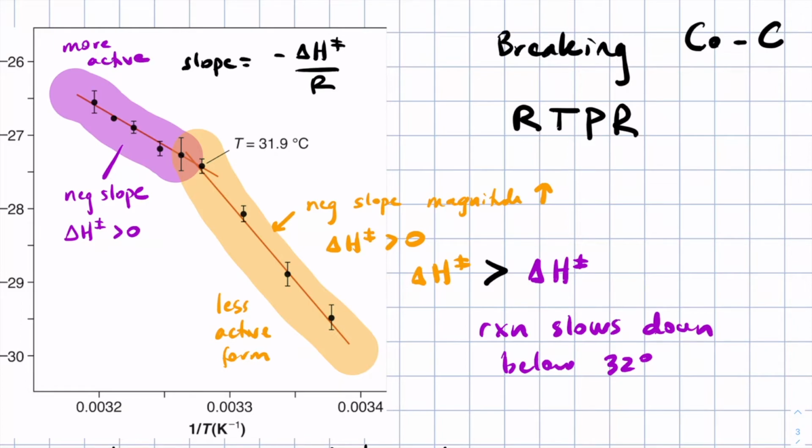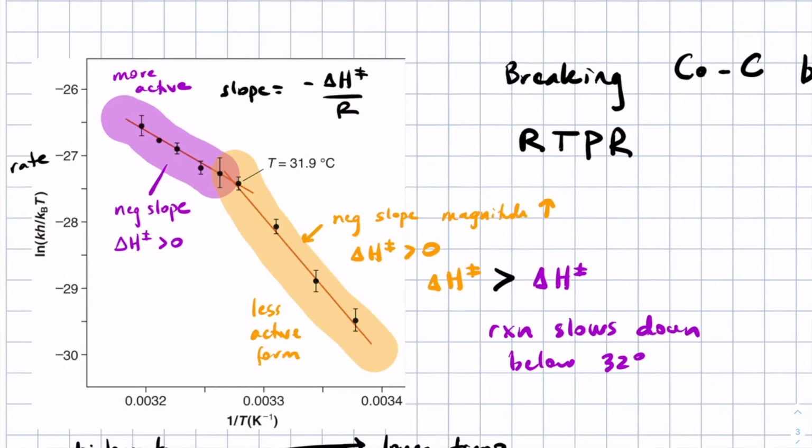And the reason the enthalpy of activation goes up is because once the enzyme is already in the less active form, before it can do the catalysis, it's got to change its folding to get into the active form, and then it can go, right? So we've just tacked on some additional geometry changes and therefore enthalpy changes that we have to do in order to get to the active form that can do the reaction. We could talk about entropy as well.